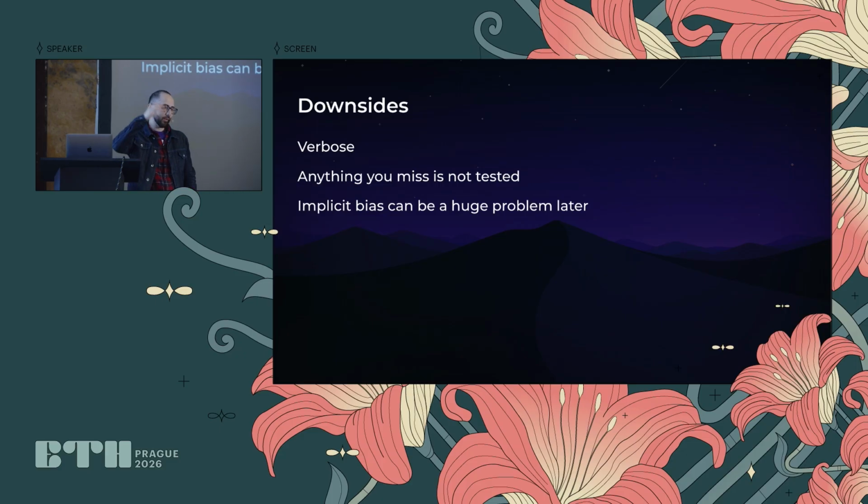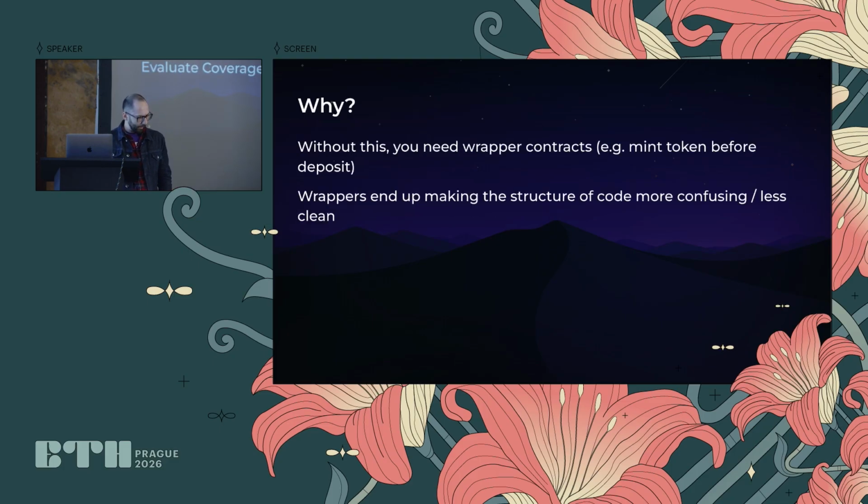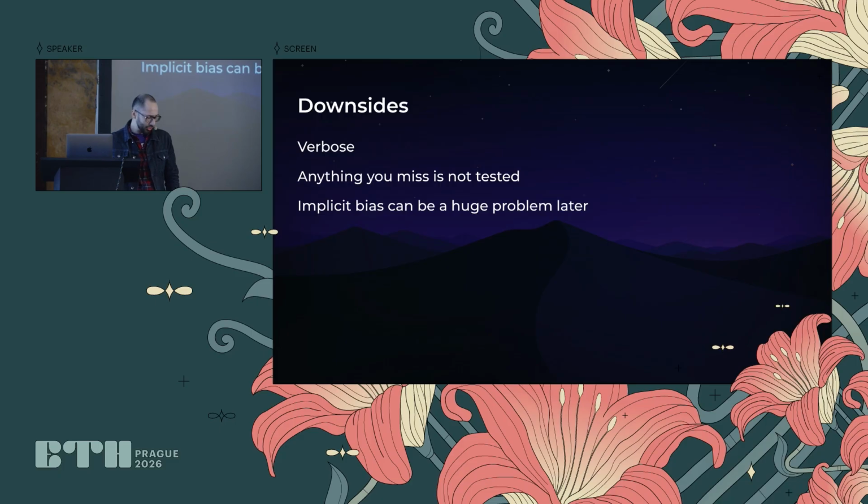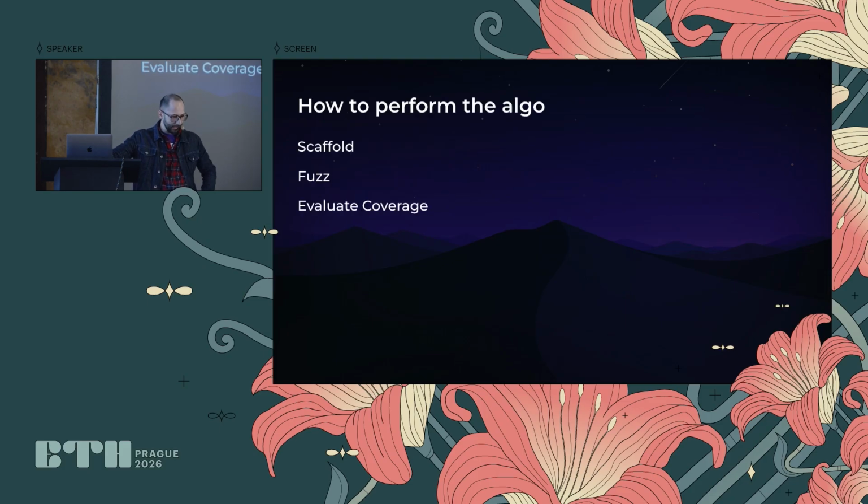The downside is that we end up having a very verbose system. If you look at the folders from some of our tests, they're very verbose. But the advantage is that it's very simple, easy to manage, easy to track, and it results in very simple to read proof of concepts.